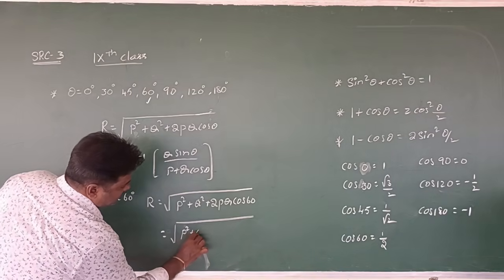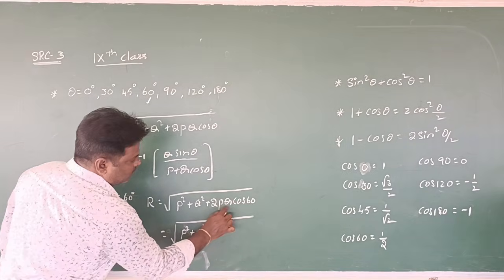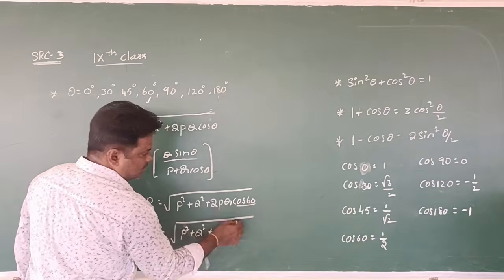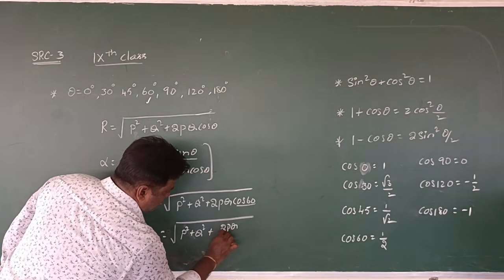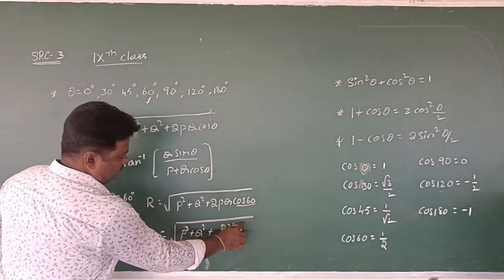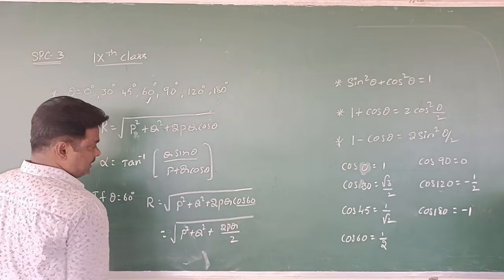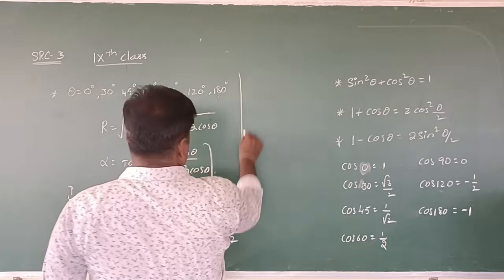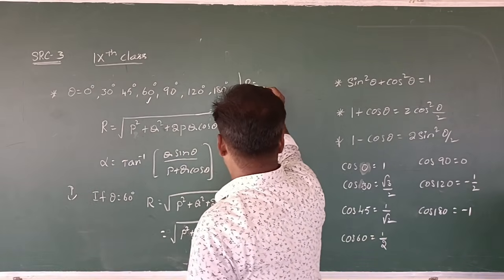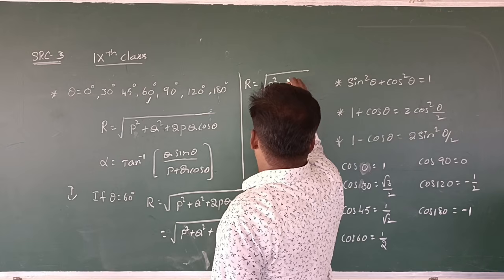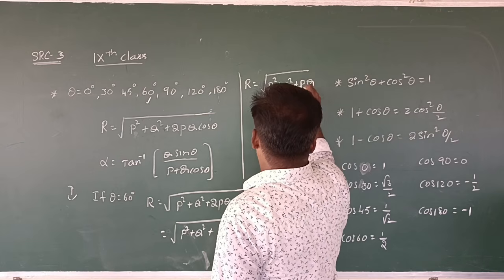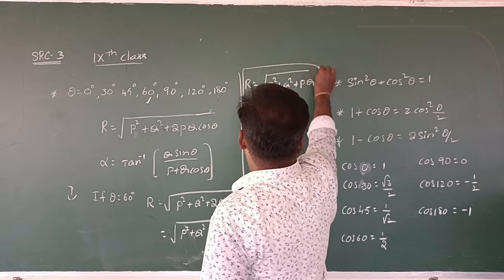The value of cos 60 is 1 by 2, so in the numerator 2PQ, denominator 2, the 2s get cancelled. So your resultant is R equal to root over P square plus Q square plus PQ. This is your answer.